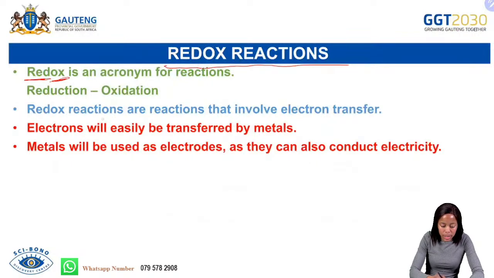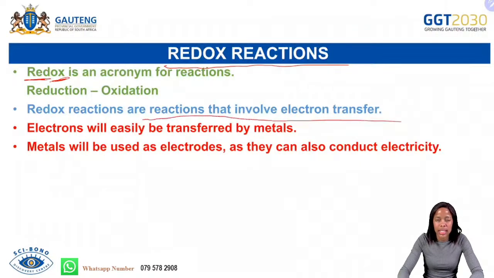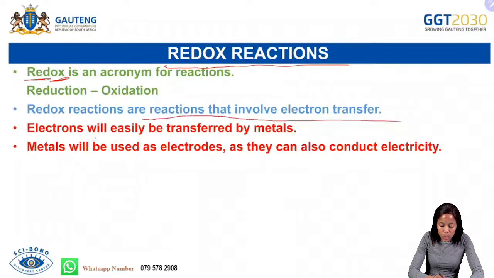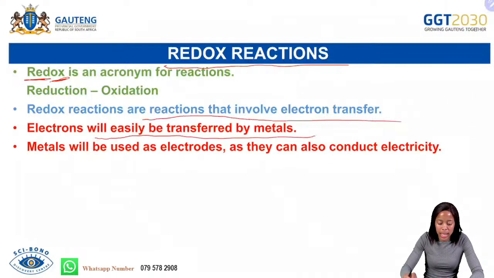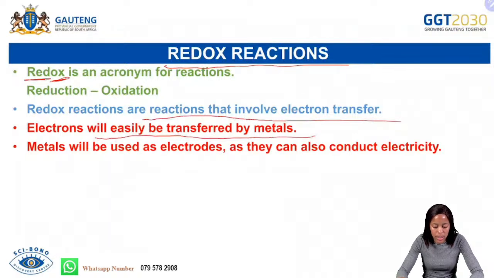Now redox reactions are reactions that involve electron transfer. Electrons will easily be transferred by the metals. Remember we said that we find the metals on the left-hand side of the periodic table.